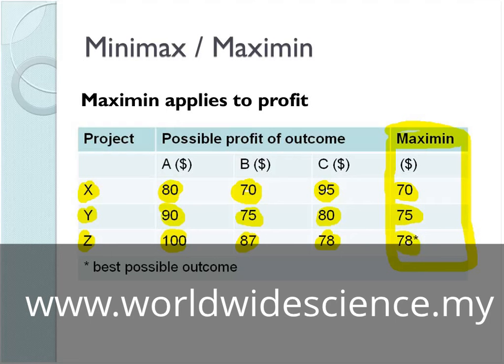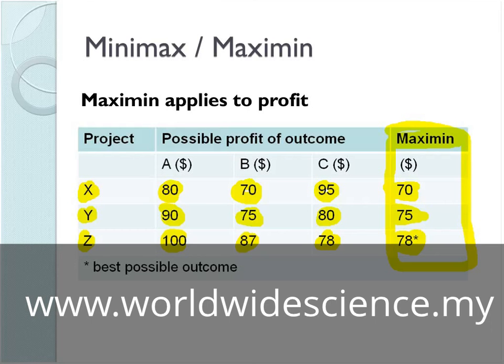So right now, when we have already identified the lowest profit from the projects, then from the maximum box we have to select the highest profit that projects bring to the company. As you can see, we have 70, 75, and 78, right?